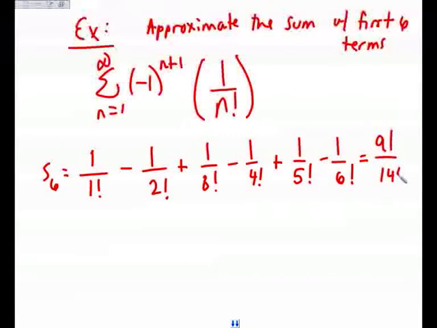As a decimal value, we would say that s sub 6 is approximately equal to 0.63194.